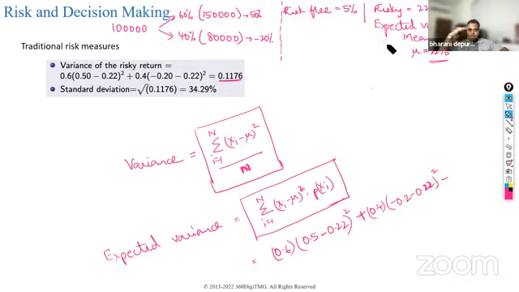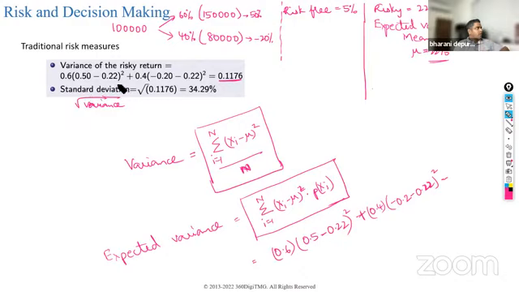Uncertainty or variance or fluctuation of your risky asset. And standard deviation is nothing but the square root of variance. You already calculated that variance is 0.1744.